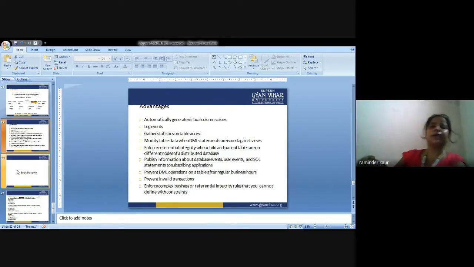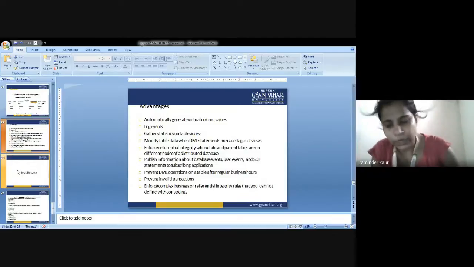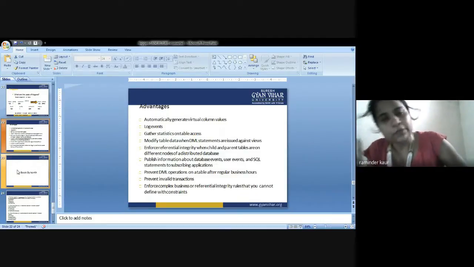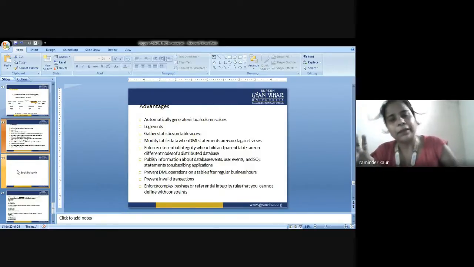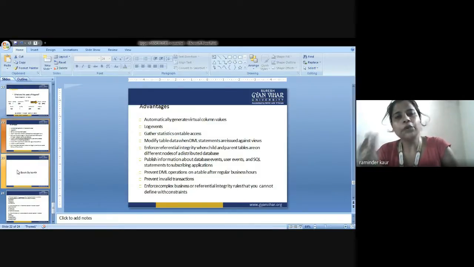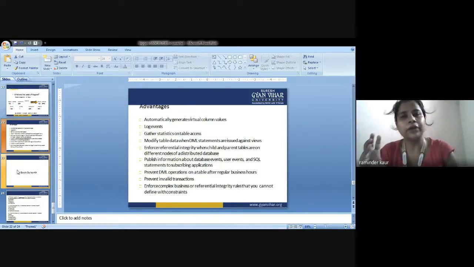Again, I am summarizing what I have discussed today. First, it was about triggers. What is basically a trigger? Then four types of triggers were discussed: after trigger, instead of trigger, CLR trigger, and DML triggers.